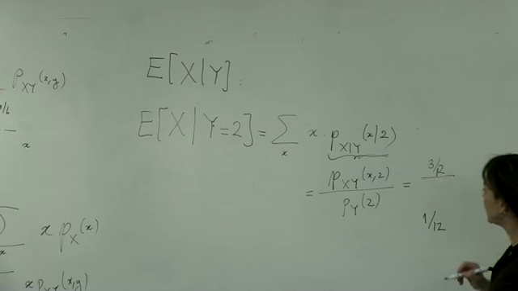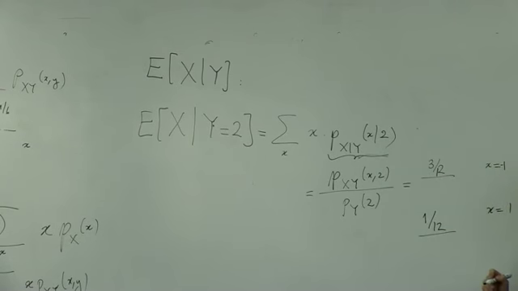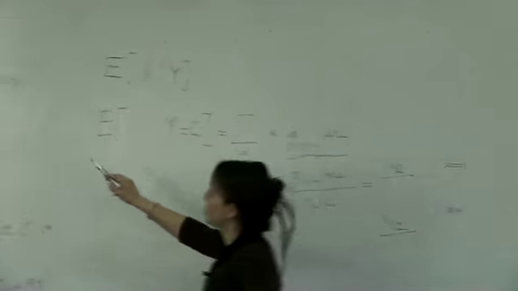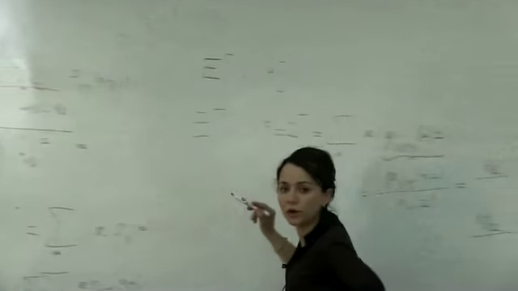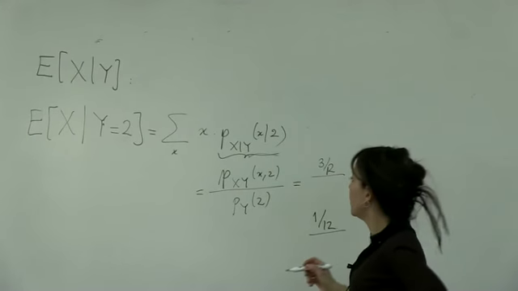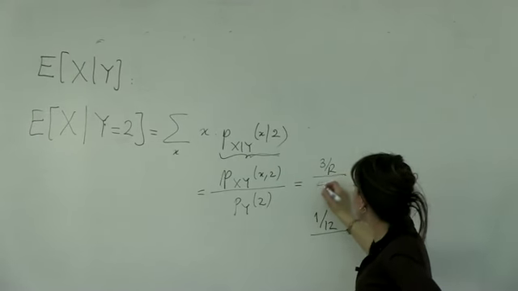And we are dividing this by p_Y(2), the probability that y is 2. What is the probability that y is 2? The sum of these two values, 3 over 12 plus 1 over 12, which is 4 over 12.